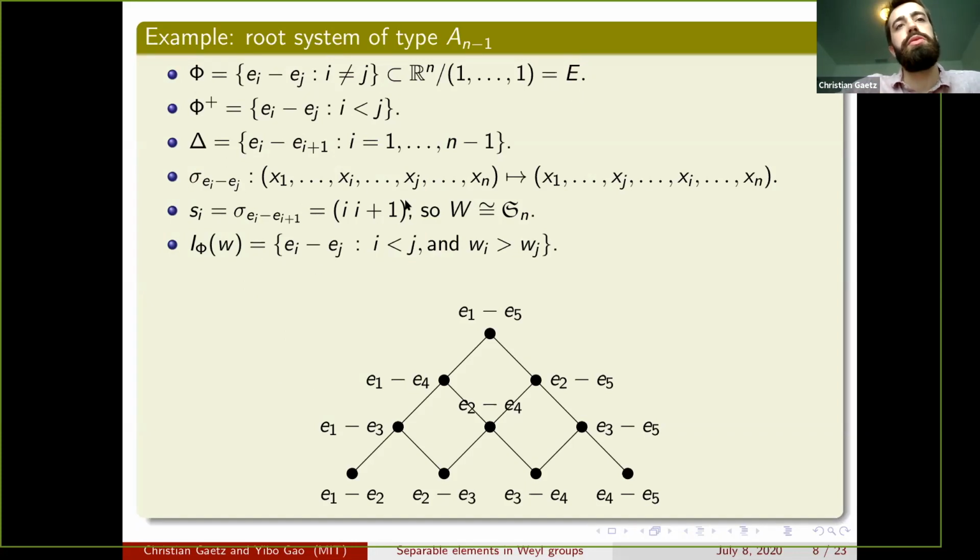Reflection across one of these roots has the effect of swapping the ith and jth coordinate living in this space. And so my simple generators, which are those reflections corresponding to the simple roots, are essentially adjacent transpositions if we identify permutations of these coordinates with the symmetric group. And inversion sets recover the standard notion of what an inversion of a permutation means. And this is a picture of what the root poset looks like.